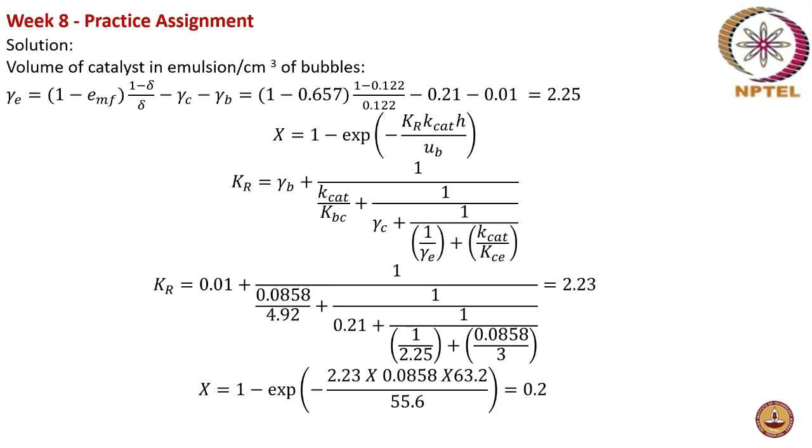So you find out the conversion to be 0.2, which is nothing but 20% conversion. So the conversion is 20% and the observed conversion is 22%. So the Cooney-Levenspiel model was able to predict very closely to the actual observed conversion for this particular reaction.